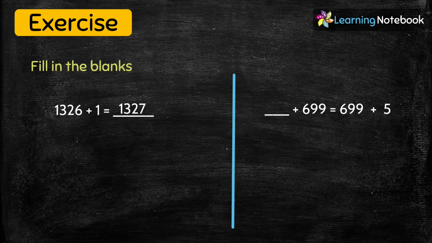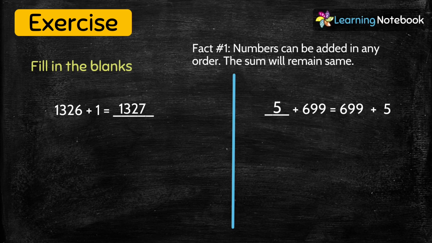Next question is dash plus 699 equals 699 plus 5. So here answer is 5 because of fact 1 which says numbers can be added in any order, their sum will remain the same.